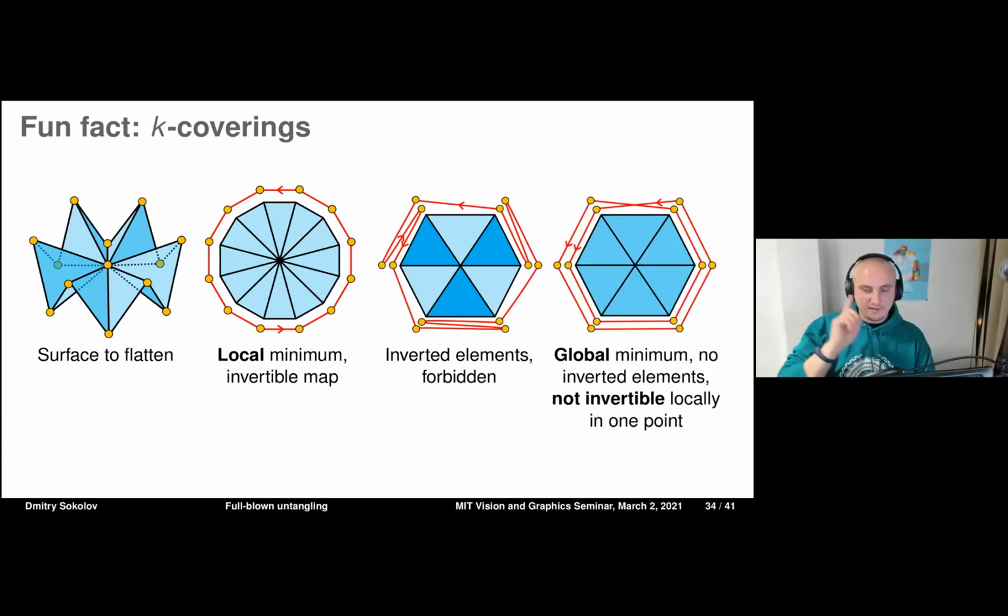However, this map is free of inverted elements. And note that this map is also the global minimum of our energy, since all 12 triangles are perfectly equilateral. This map, however, is not invertible in one point, so it's a twofold covering, and it may be undesirable for the user.